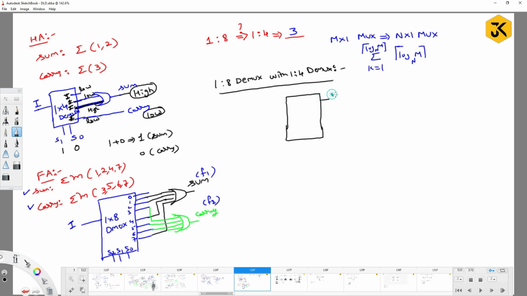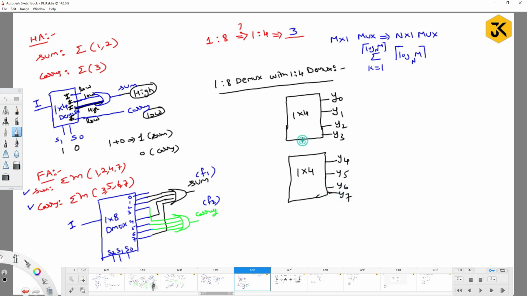Assume that these are y0, y1, y2 and y3, right? The remaining 4 outputs you are going to get from one more 1 by 4 DeMUX. This is the 1 by 4 DeMUX, and this will be y4, y5, y6 and y7.